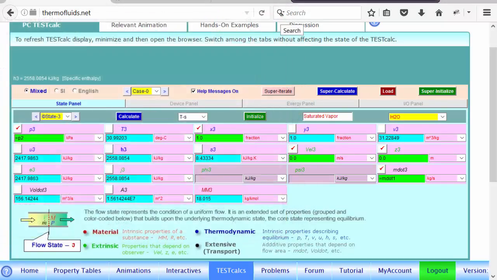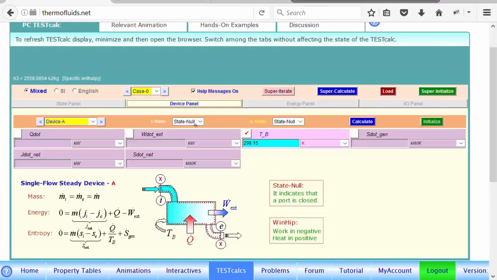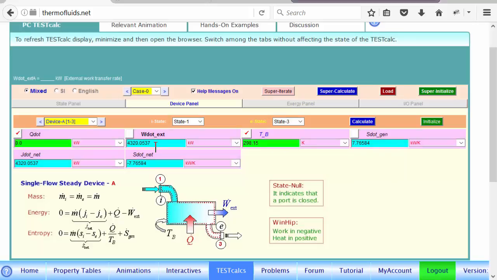Okay, so now that we found the states, go to the device panel, evaluate the actual device. 1, 2, 3 is our actual device. There is no heat transfer, and if I hit enter, it calculates the work or the power 4320, and the entropy generation 7.76.